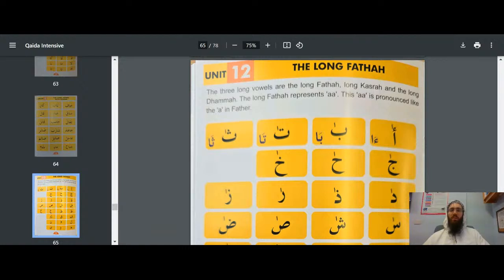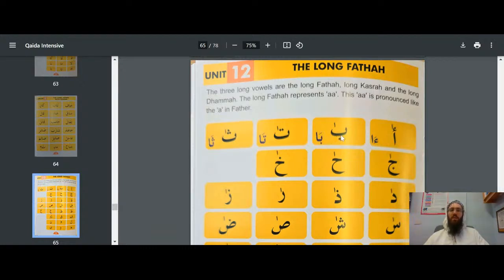Ar-Rahman can be written with a fatha and then an alif, but it's usually written with the meem connecting to the noon, and then it's a standing alif, but it's pronounced the same. This standing alif is equivalent, as you can see on the top row, to as if there were an alif there. It's just telling you to make the vowel sound longer.